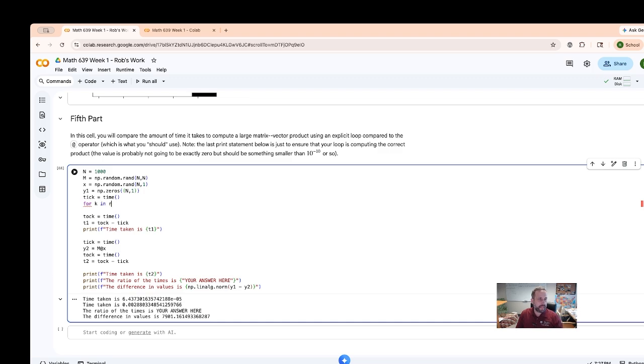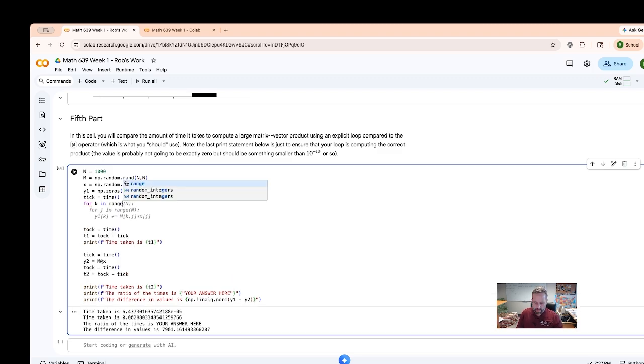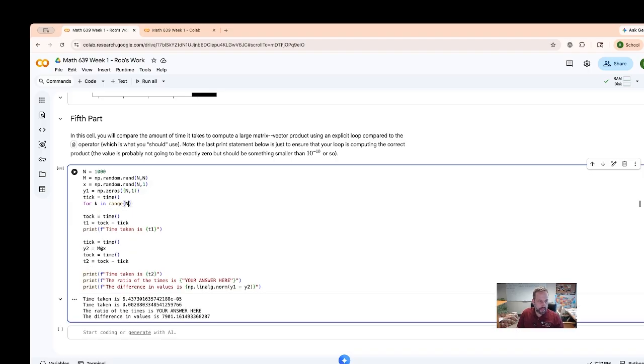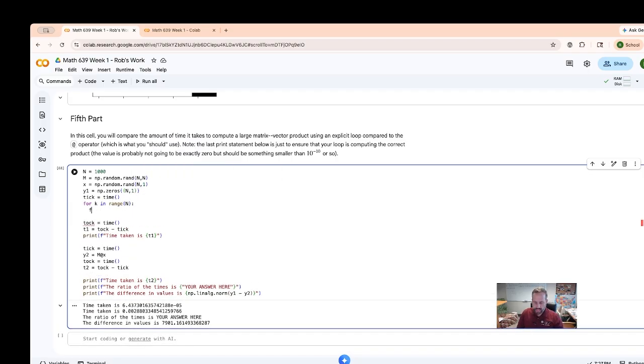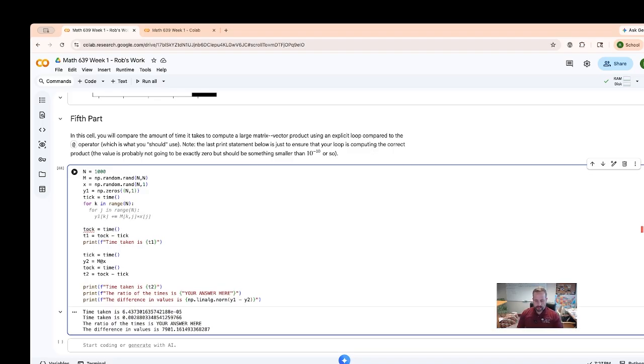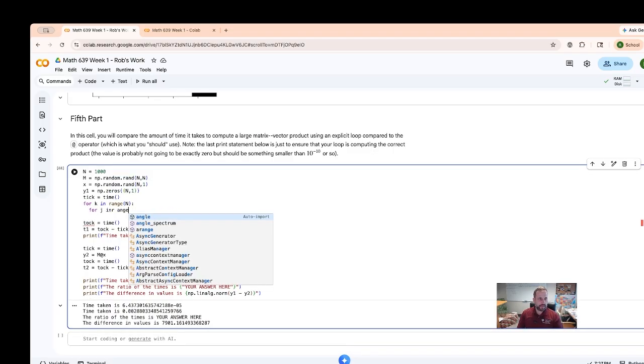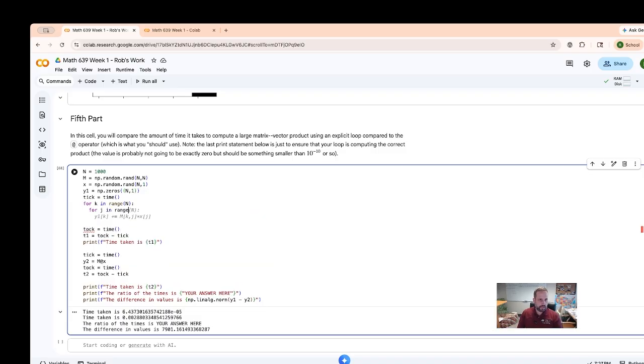For k in range n, and then for j in range n. Okay, so the row is going to stay the same, and we're going to go across the columns.